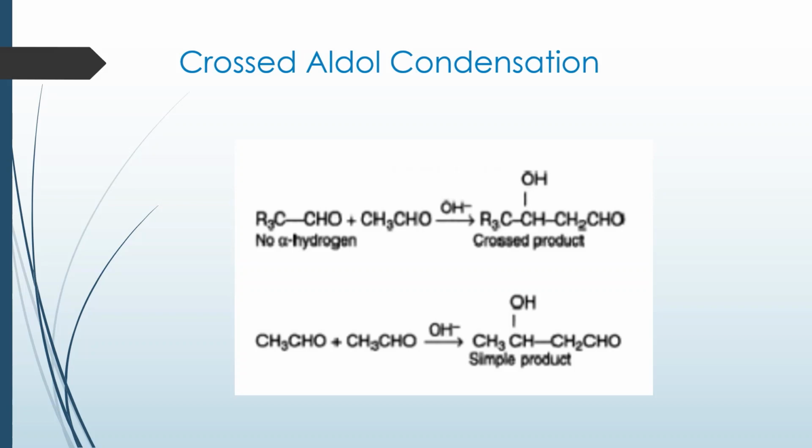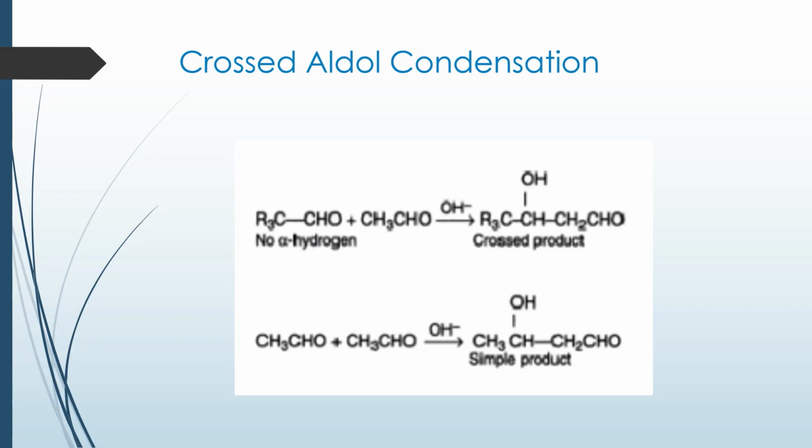Now, this is an overview of crossed aldol reaction. Here, this is an aldehyde molecule which has no alpha proton, and this is an acetaldehyde molecule which has 3 alpha protons. These are the 3 alpha protons. Here in the first molecule, you can see all the 3 hydrogens are replaced by R, that is any alkyl group, so that there is no alpha hydrogen present.